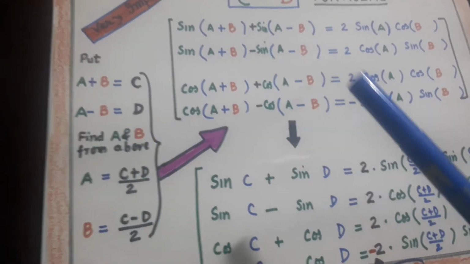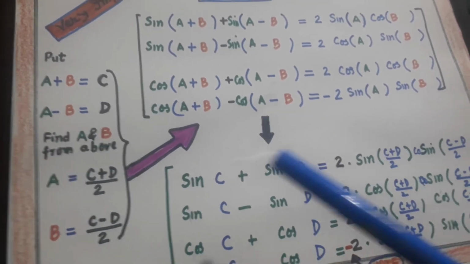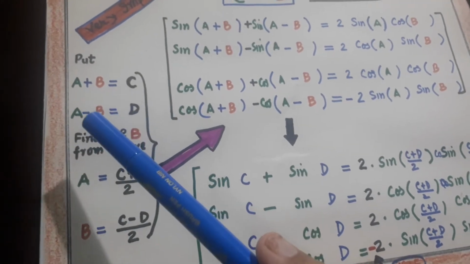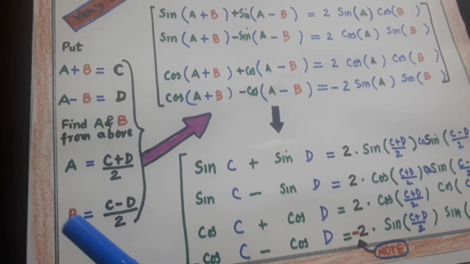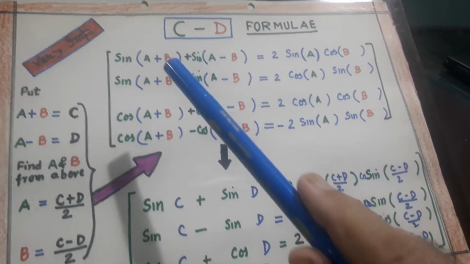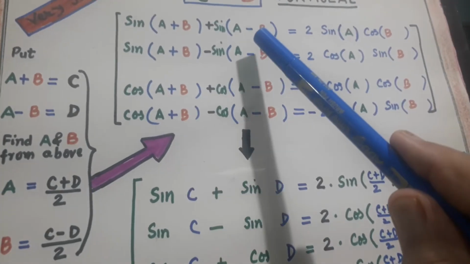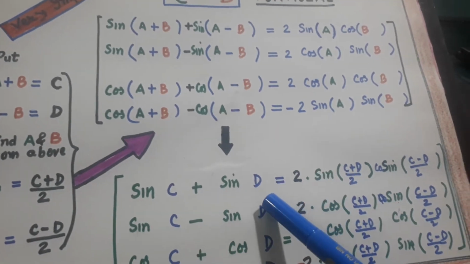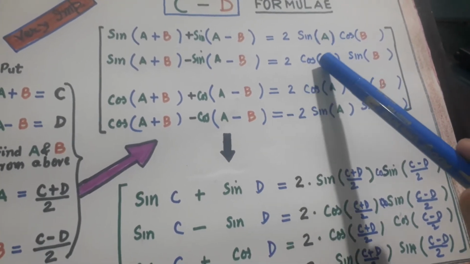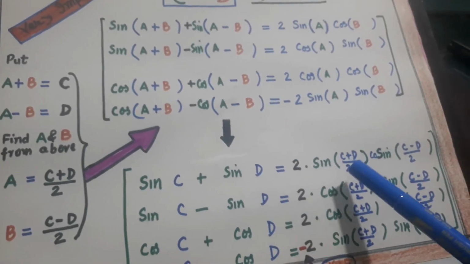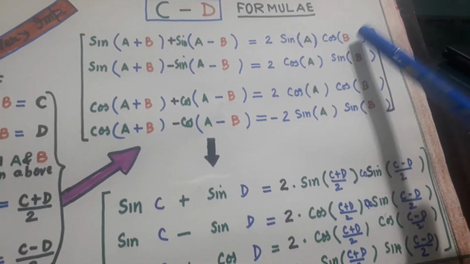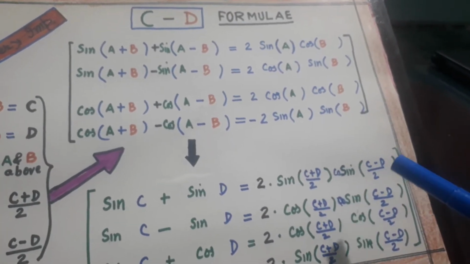Now we will be substituting A plus B, A minus B, A and B in this family. A plus B is C. A minus B is D. A is C plus D by 2. B is C minus D by 2.